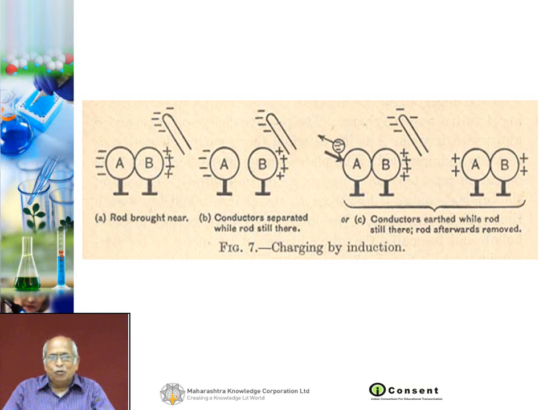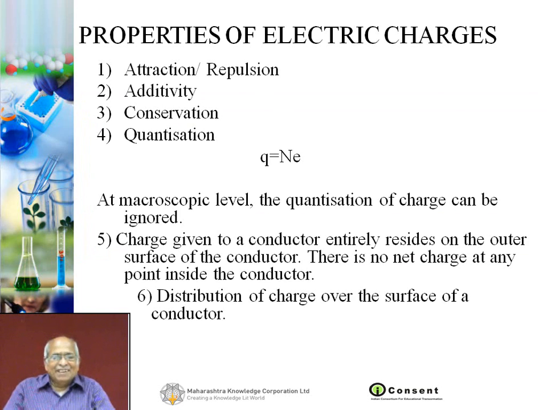The body acquires no potential. तेव्हा कोणताही पदार्थ जमिनीशी जोडला म्हणजे त्याचं पोटेन्शियल झिरो झालं. So this is how charge can be given to a body either by friction or by conduction or by induction.